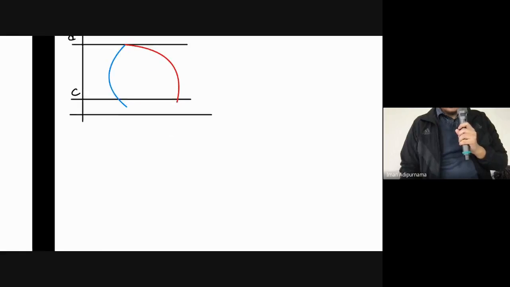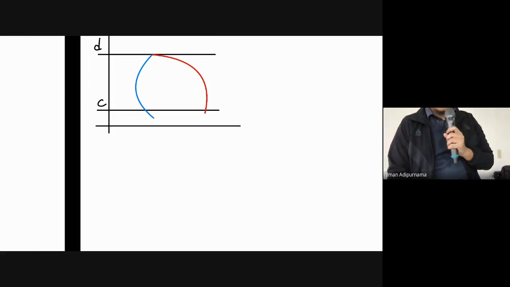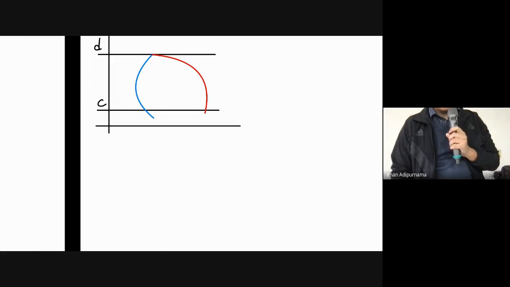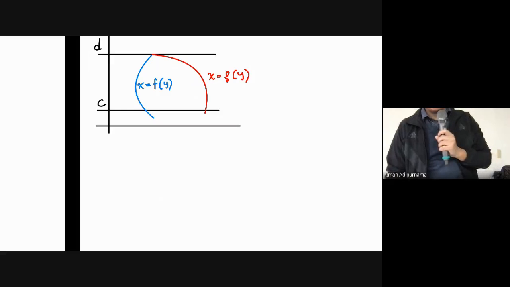Let's say this is C, this is D. Okay, if we have these functions, let's say this is x equal g of y, and this is x equal f of y.